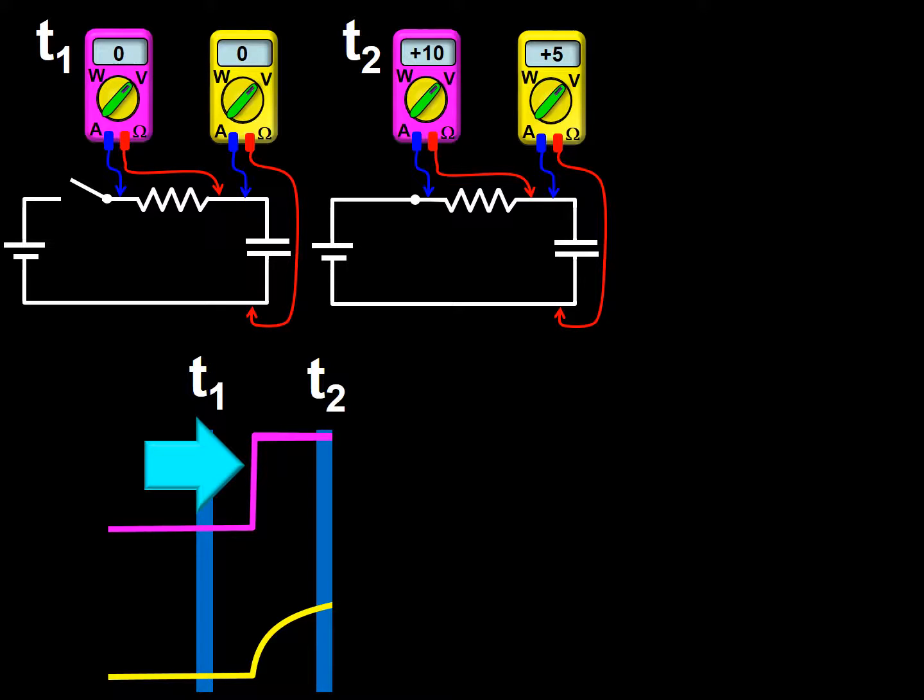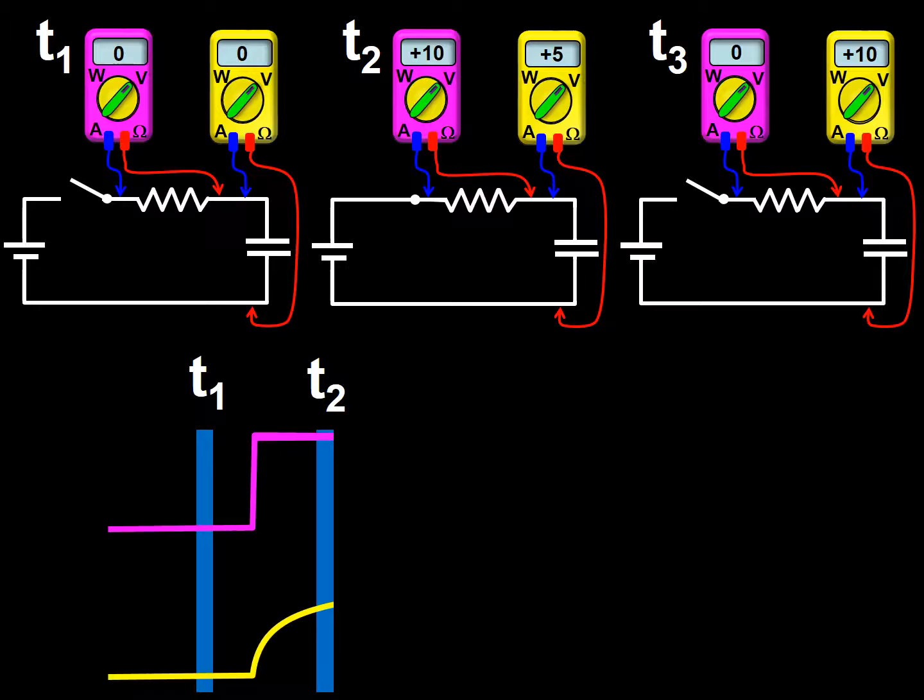As you can see, while the voltage across the resistor has abruptly increased and is now at its maximum, the voltage across the capacitor has increased gradually and at this time has not achieved its maximum. Now the time has passed and this is represented by T3. In this instant, the circuit is again open.